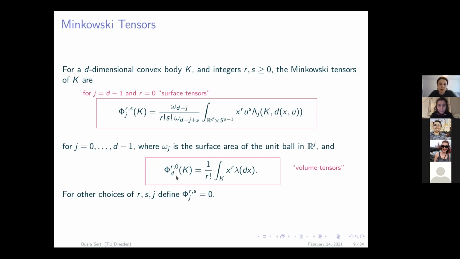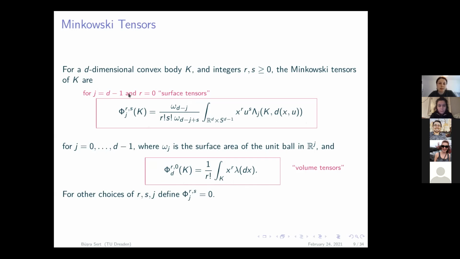When j equals d and s is 0, then we have this formula, and in this case they are called volume tensors. And when j equals d minus 1 and r equals 0, they are called surface tensors.